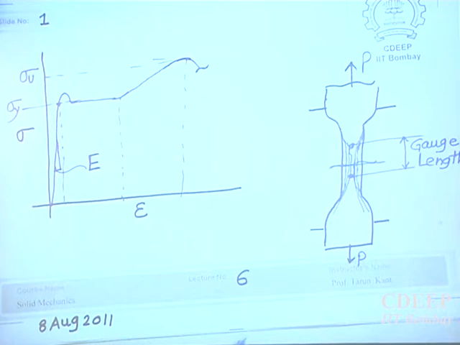This I had told you, and now, there are many people involved with this diagram.